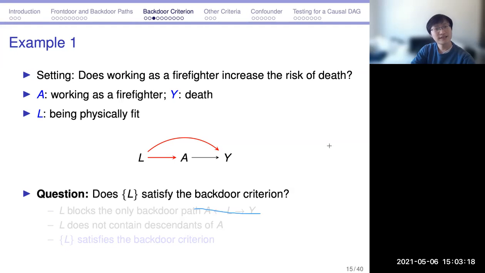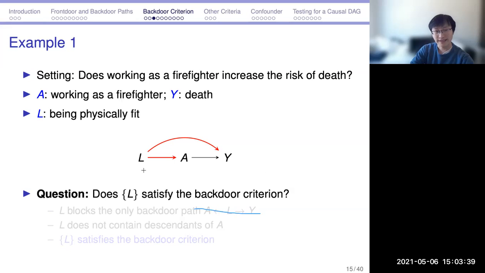So the question is, does working as a firefighter increase the risk of death? Here A is working as a firefighter, Y is death, and L is being physically fit. And this was the causal DAG that we were imposing for this problem.